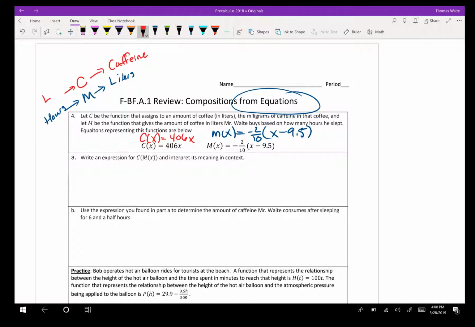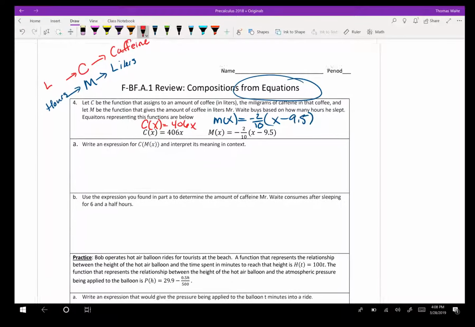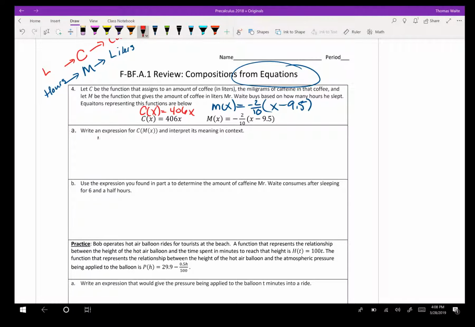When we talked about writing these expressions, we found it very useful to start with the outsidemost one. So C of some input, and use that rule. C of x said 406 times x. So C of some input is going to be 406 times that input. And we left this space because the next thing we're going to plug in is going to be our M function, but we didn't want to fill it in yet.